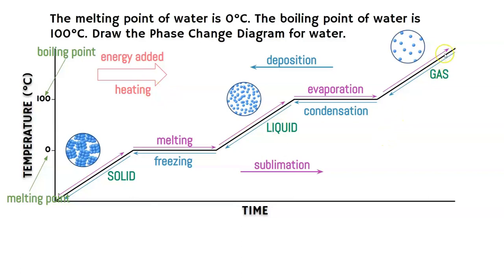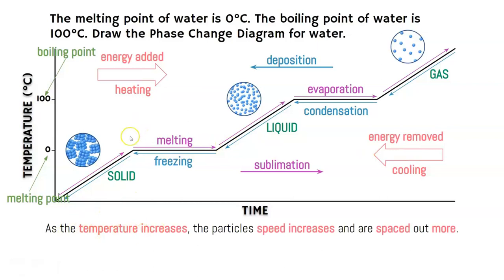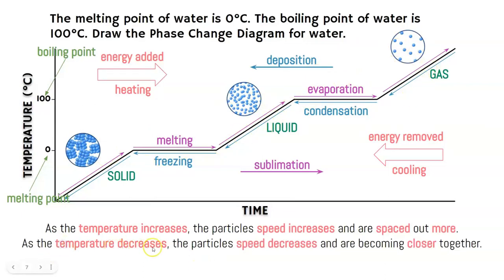Thinking oppositely, if we're going down the graph, energy is being removed because cooling is going on. So with all that in mind, as the temperature increases, the particle speed increases and the particles are spaced out. We can see that with our diagram of solid, liquid, and gas. They're becoming more spaced out as we go up. And oppositely, as the temperature decreases, the particle speed decreases and the particles become closer together.